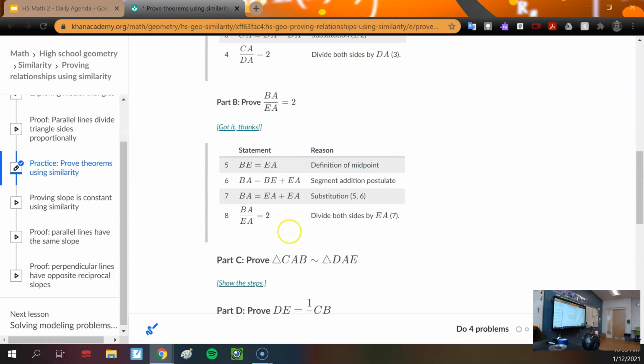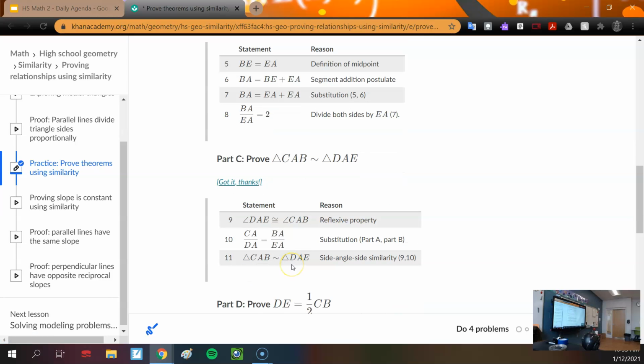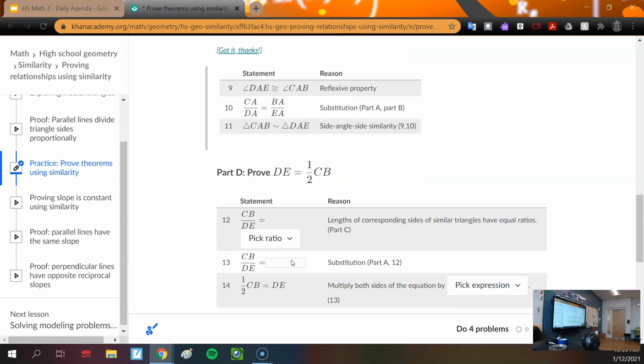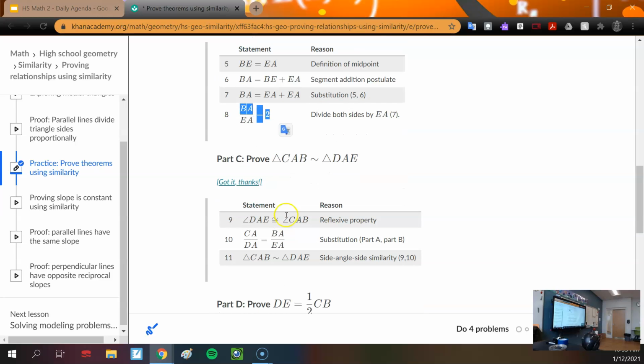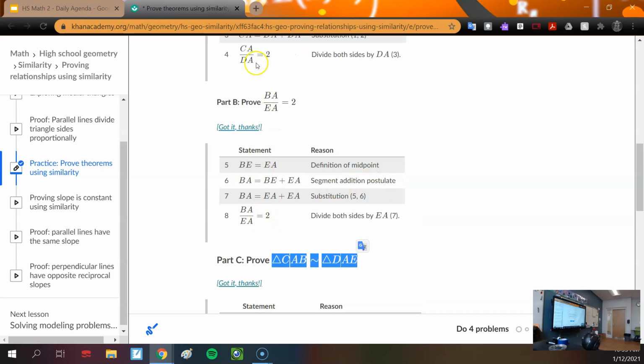Now is where we start to have to actually, not yet. All right, this one, we go all the way to the bottom before we have to pick anything. We do the same thing here with BA and EA. So we prove that the scale factor there is 2. Then, how are we allowed to prove similar triangles? All I've done is do 2 scale factors.